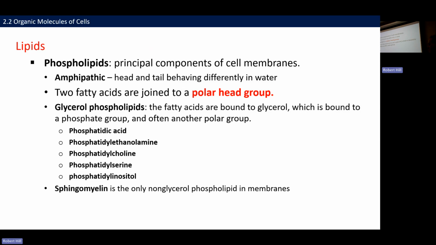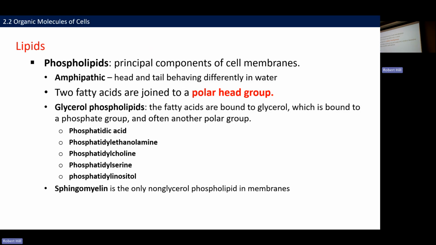All right, continuing on with lipids. Now, if we take a triglyceride and we remove one of the fatty acid chains, now we've freed up some electrons. We still have that glycerol, and we add some phosphate. Now we're adding a very polar group, the phosphate, to the head of the molecule. Okay, and that's what makes that head hydrophilic, right?